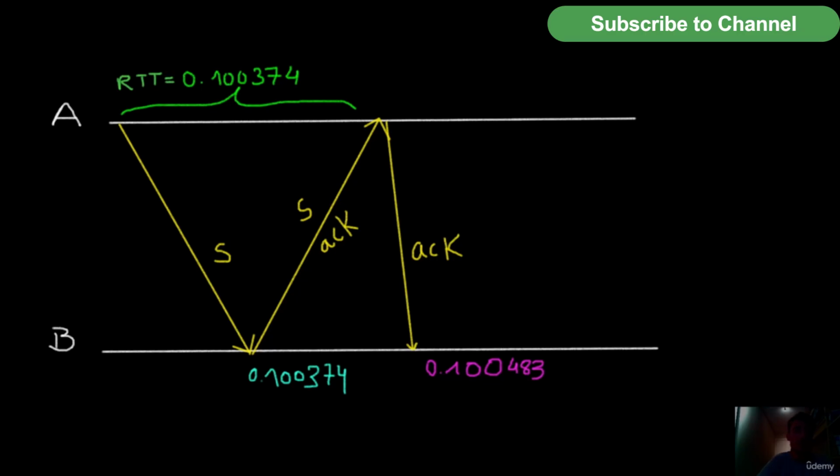This essentially means that the time we have between the synchronization acknowledge and this acknowledgement is this value minus this value. So this difference gives us this time in seconds. As we can see, this first time is considerably higher than this one.